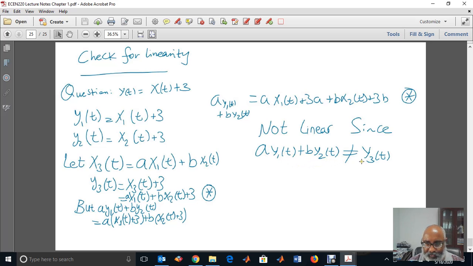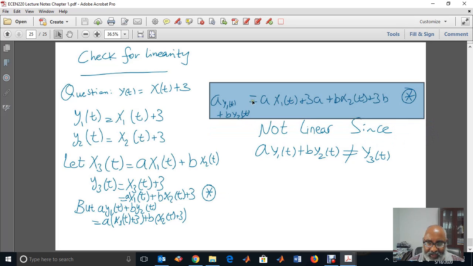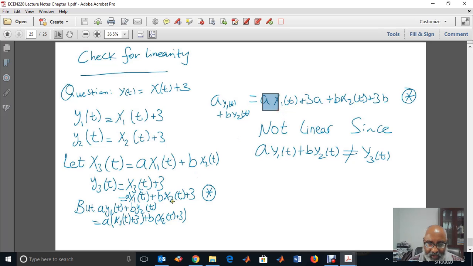a y1 of t plus b y2 of t is different from y3 of t, because we need to compare this equation with this one in order to determine if it is linear or not linear. So here I have a x1 of t, I have b x2 of t, and I have 3 here, but I have here 3a plus 3b.